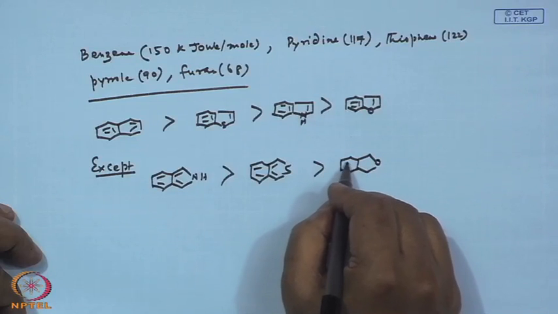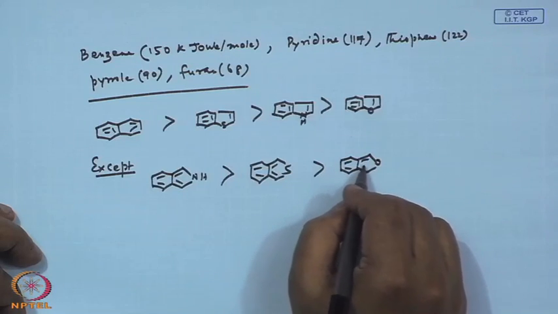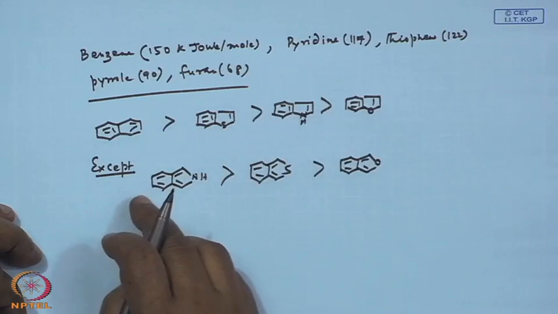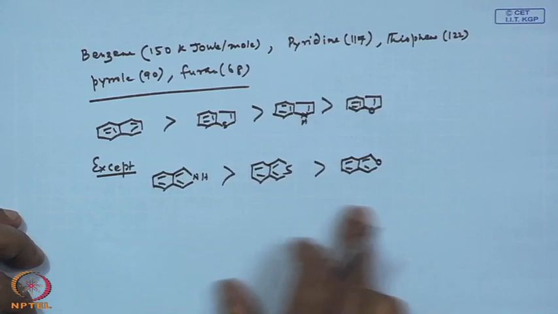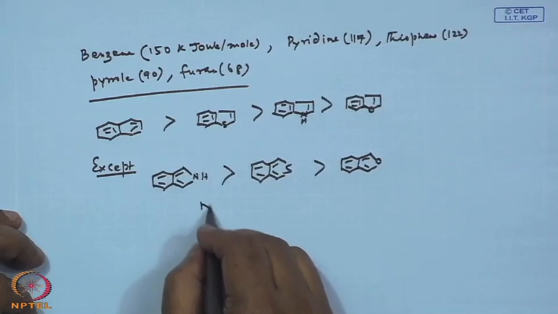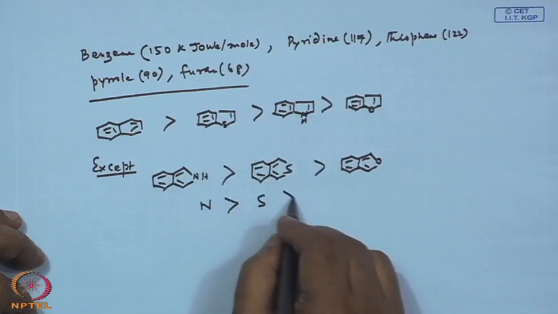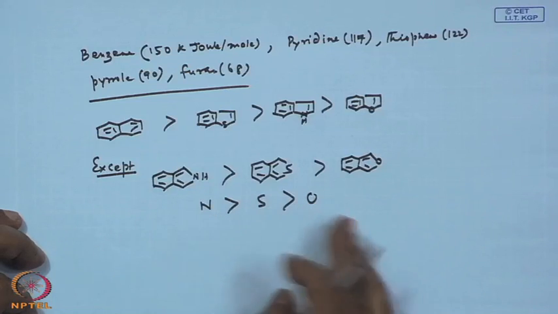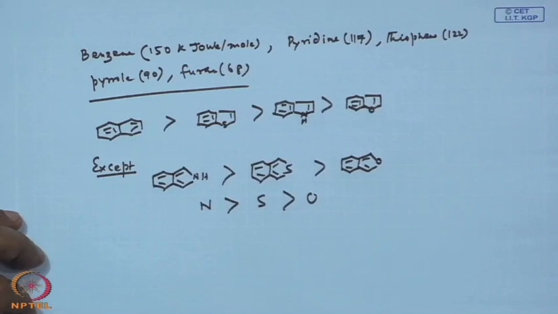If the fusion is changed, they are named as the iso series. Here, this is nitrogen, this is sulfur and this is oxygen. There is a bit of change in the resonance energy. In most cases the resonance energy follows the trend, but in the iso series sometimes you may have a difference.